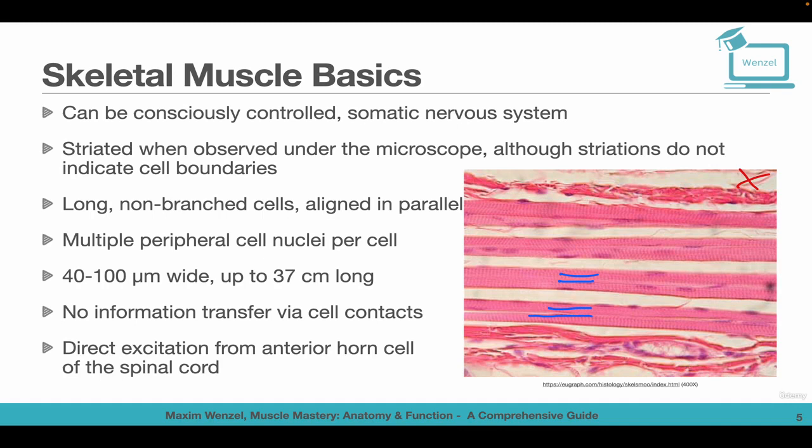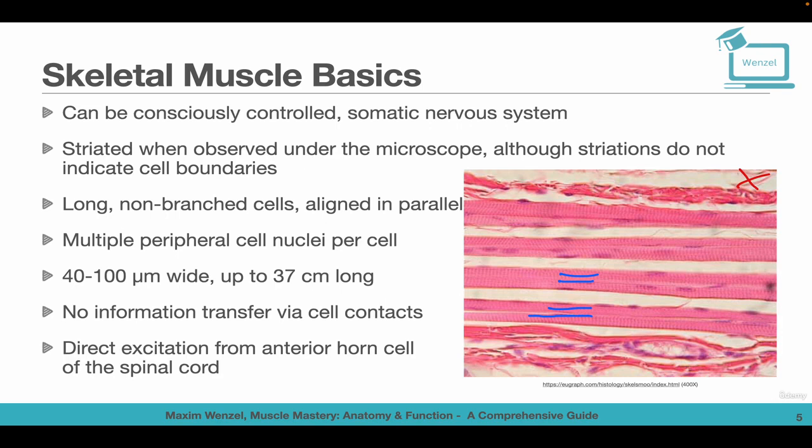This is very important, which you can note. And the muscle itself is up to 30-70 centimeters long. So one muscle, which is pretty long, as example in the leg, and 40 to 100 micrometers wide.